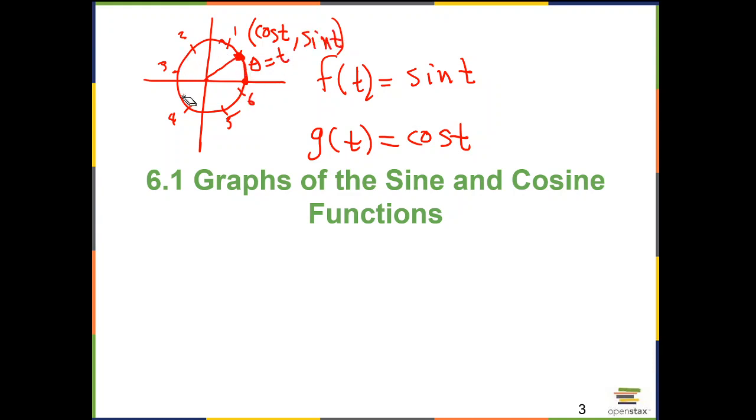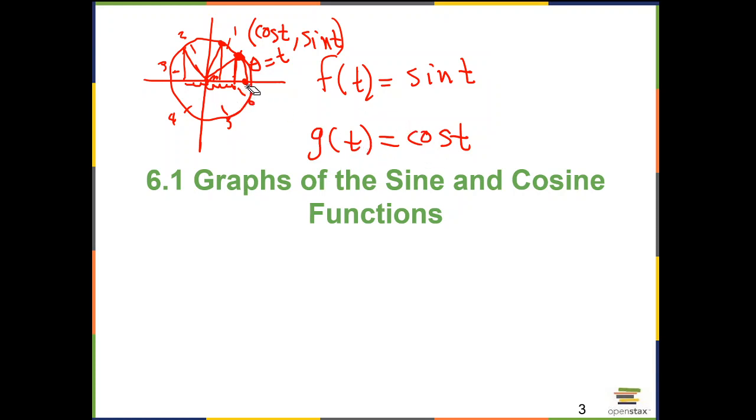As we go around the circle, the cosine, which is this distance, changes, right? If I go to another angle, the cosine changes to that much. If I come over to this side, cosine changes to that much, right? So if we keep track of values of cosine, we have a cosine function.